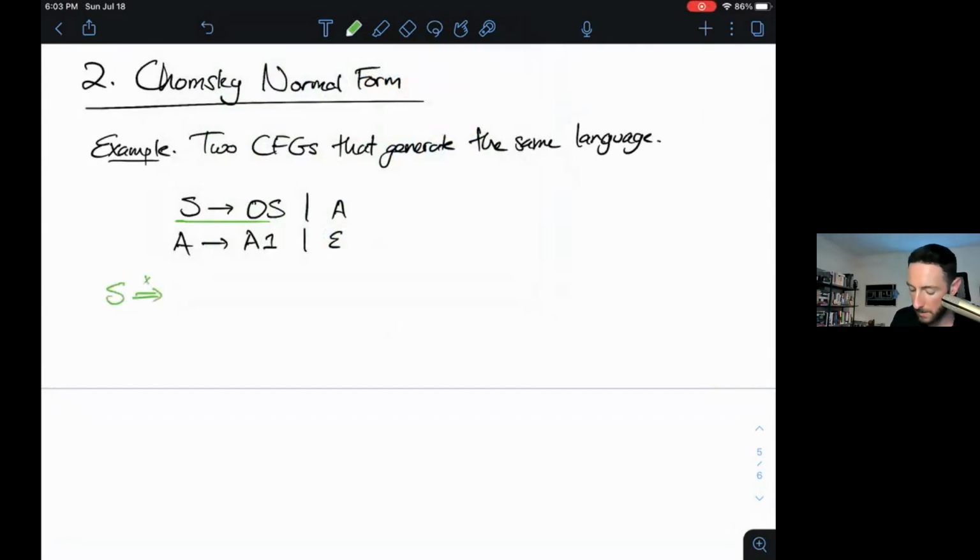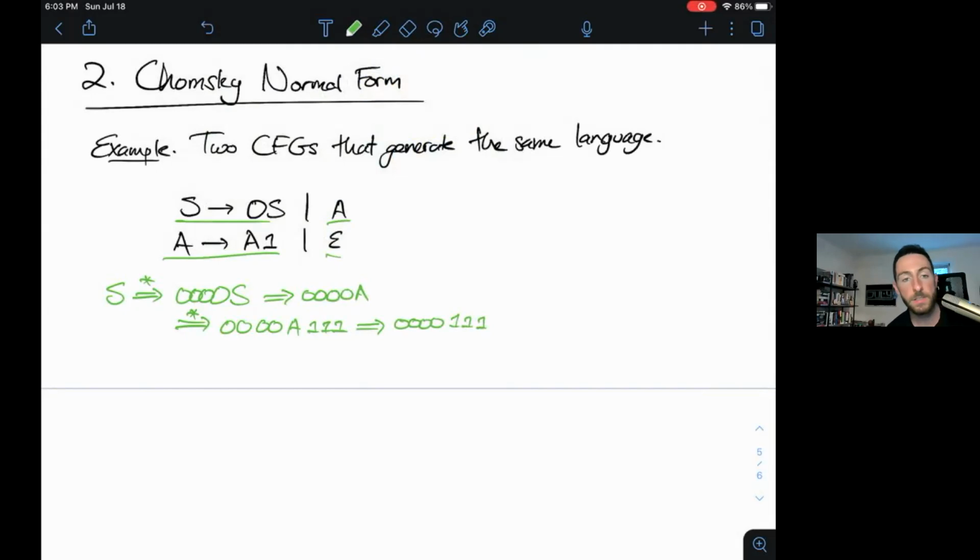So from S, we'll go to some number of zeros followed by S, and then eventually we'll go from S to A. Then we'll do this second rule, A to A1, some number of times. So after some number of rules, we'll have some zeros, an A, and then some ones. And from there, we will go from A to the empty string. So we'll end up with a string that looks like some zeros and some ones. And I claim that by repeating these rules the right number of times, I can generate any string made up of a substring of zeros and a substring of ones.